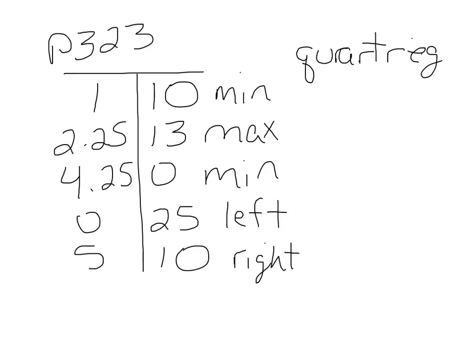And when I run the quartic regression, I get a bunch of decimals, so let's round to 2 places after the decimal.